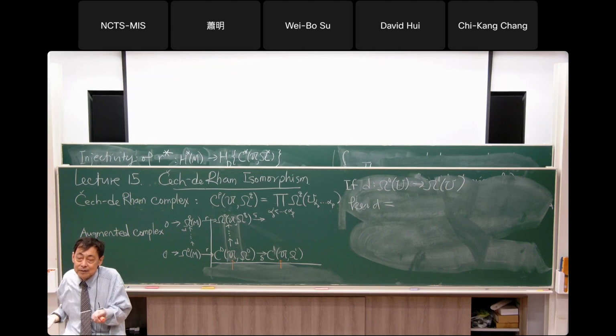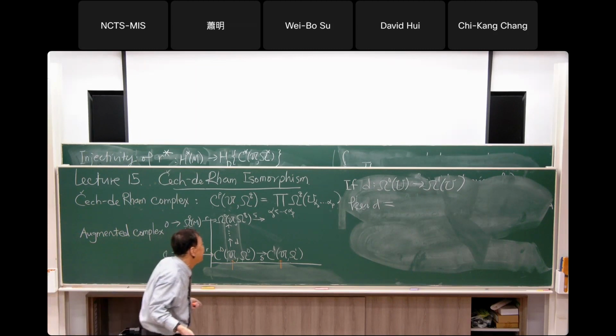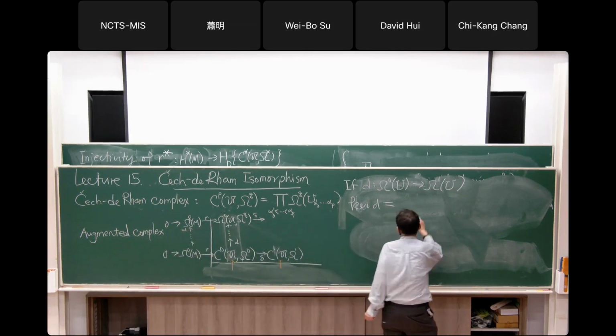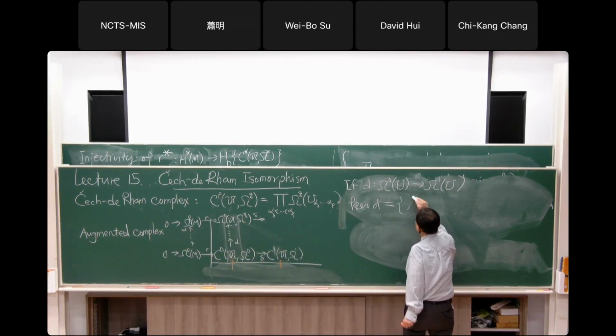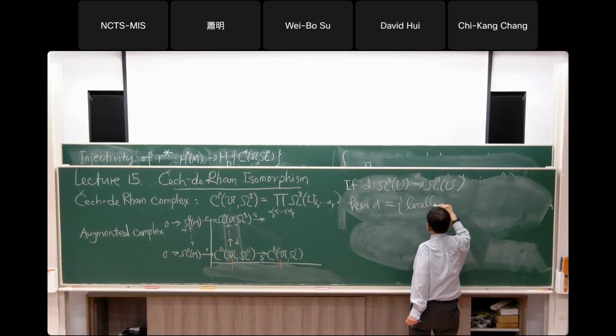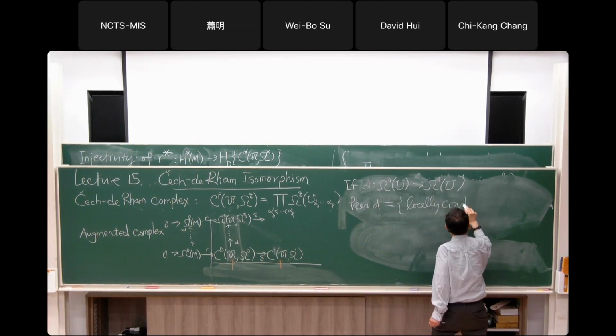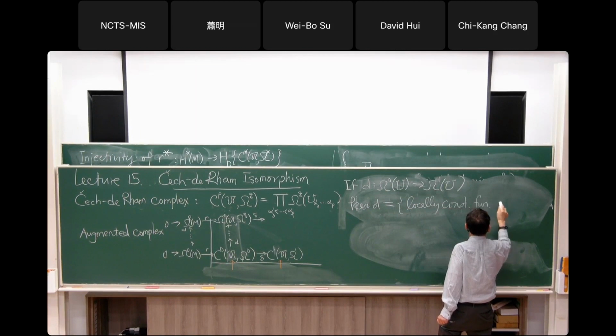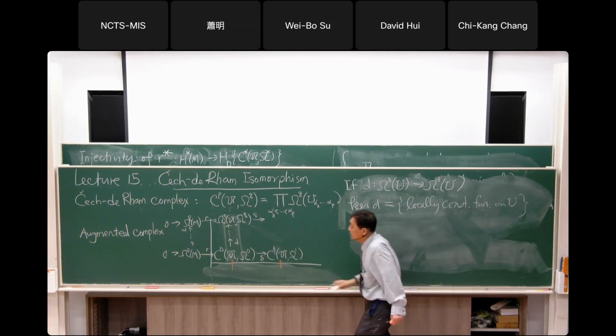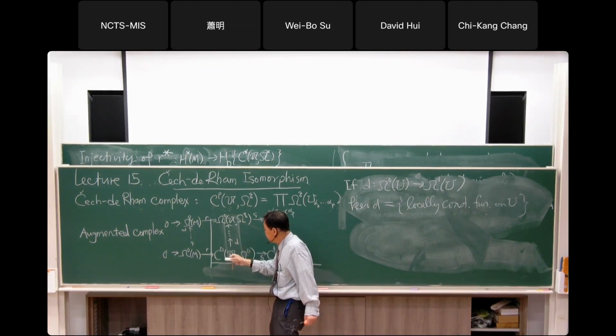What kind of functions satisfy df equal to 0? Locally constant functions. So the kernel of D are the locally constant functions on U.